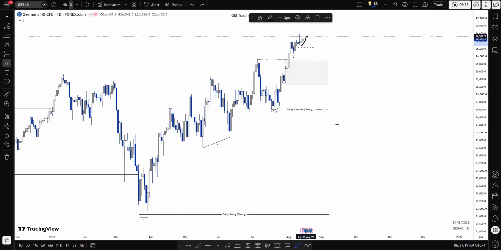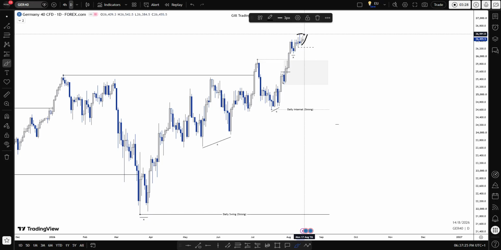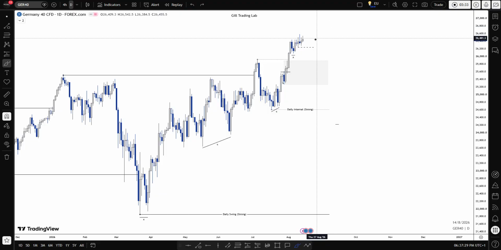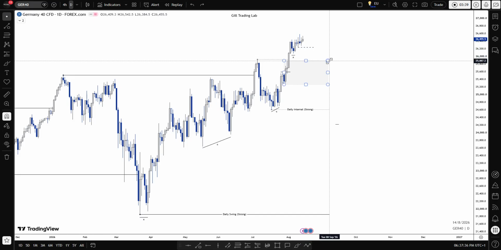Probably it's just a reaction. Then we could see that order flow shift. So for this coming week, we might either see price target that fractal high, then the fractal order flow continue, or we might see the order flow shift so we can get that internal pullback. So that's all for the daily time frame.